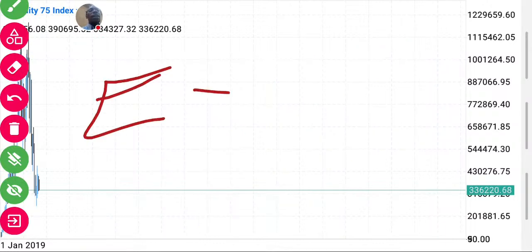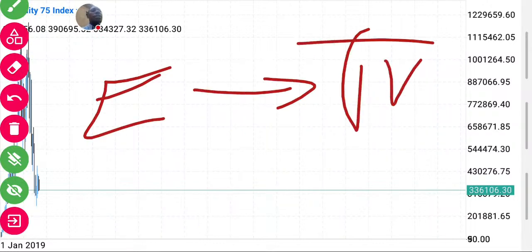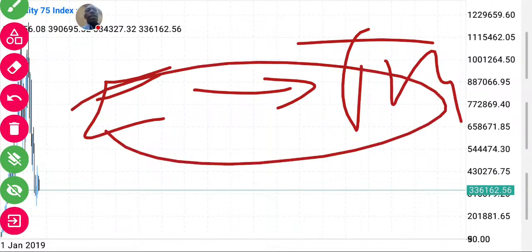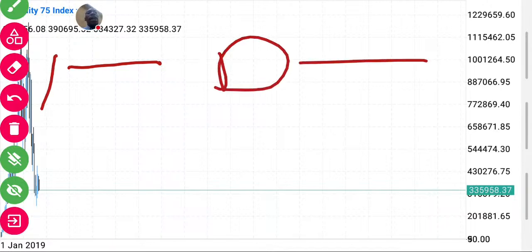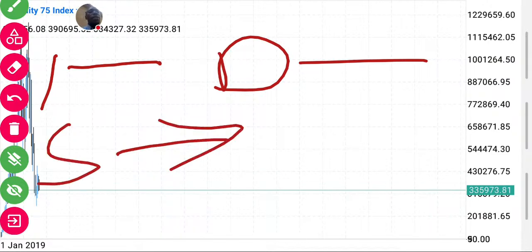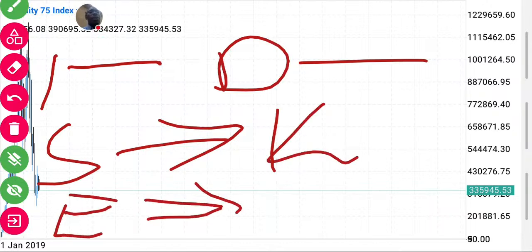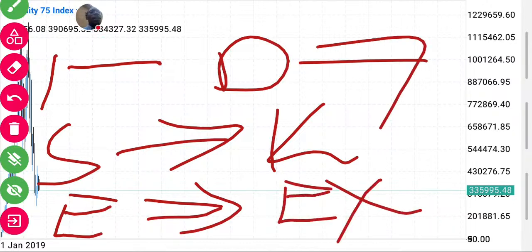We have the analysis time frame, which gives us the direction. Then we have the structure time frame, which gives us the key level. And then we have the entry time frame, which gives us the opportunity to execute in the market. Those are the three things we need.